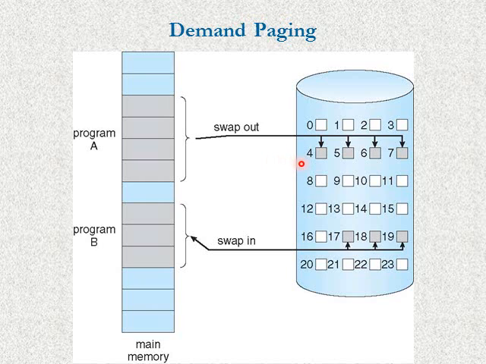There is also another concept, the lazy swapper. Lazy swappers are used to support the concept of demand paging. They only load those particular pages from the swap space to the main memory when they are actually required.